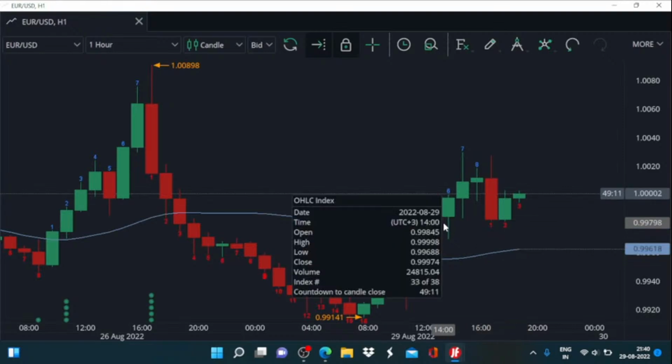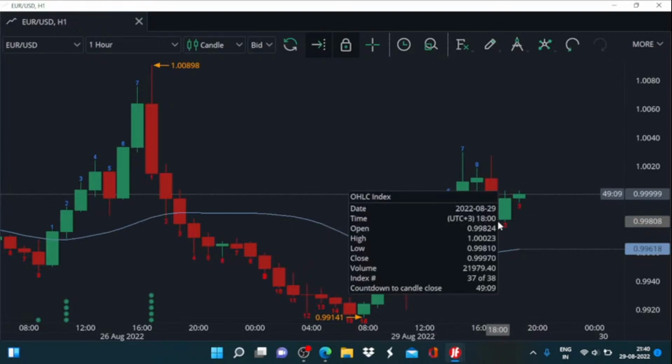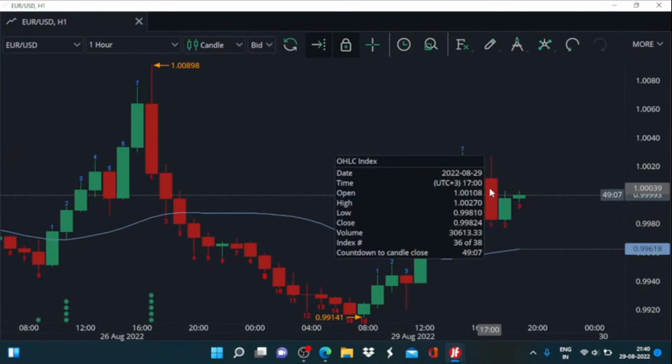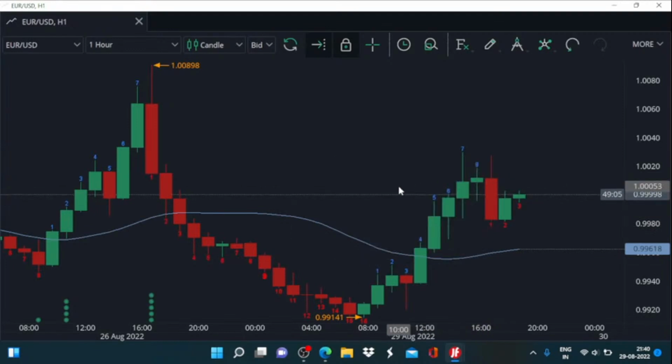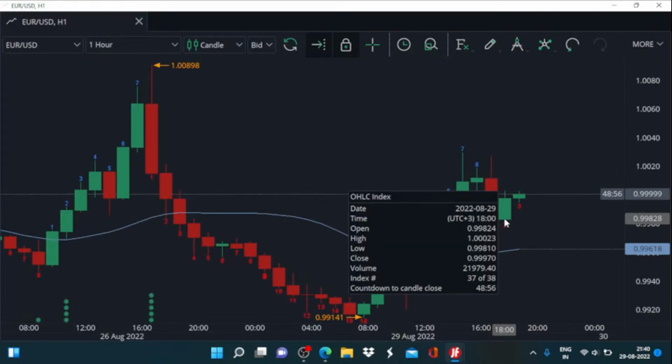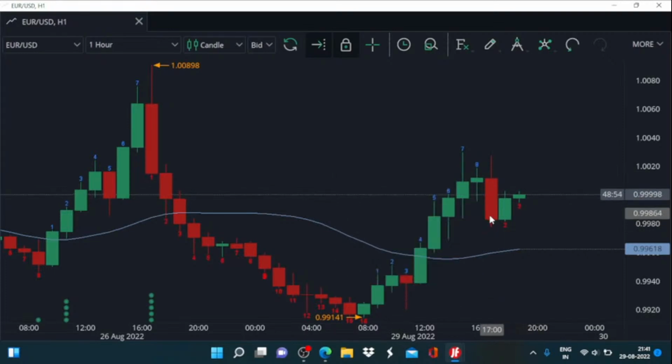So all we have to do is figure out where we are likely to find the support for this price formation, and if we have figured out that level, then we will be able to keep the stop loss fairly close, and we can expect the bullish trend to continue.